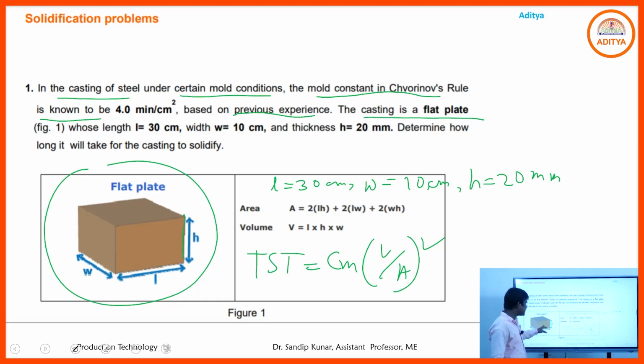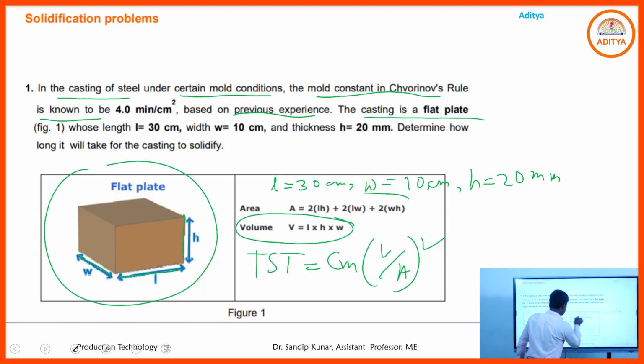Using that block we find out the area and volume. Area equals 2LH plus 2LW plus 2WH, and volume equals LWH. Using those formulas we find the volume and the area.